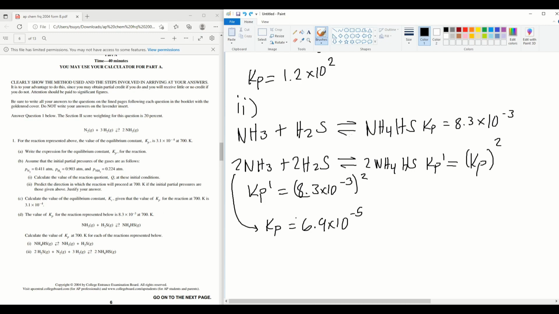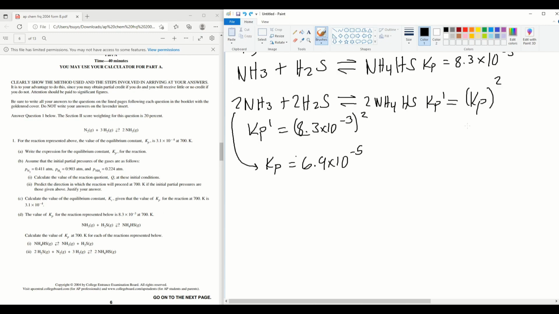So what we're going to do is take this reaction we found, and add it with the original equation given to us from the beginning, because we know that we need the N2 and 3H2, and we have that here, and we also have the Kp value. So we're going to have 2 NH3 plus 2 H2S, and then draw your equilibrium sign.